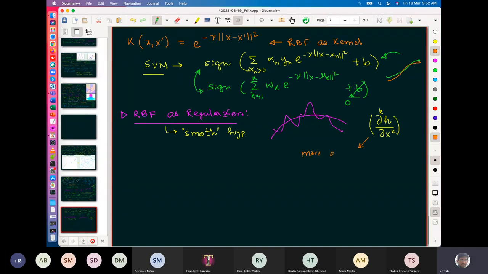The more abrupt your derivatives, the less smooth is h(x), because your derivatives bring out the fluctuations in h(x) much more. The more unsmooth your derivative is, the less smooth your hypothesis will be.